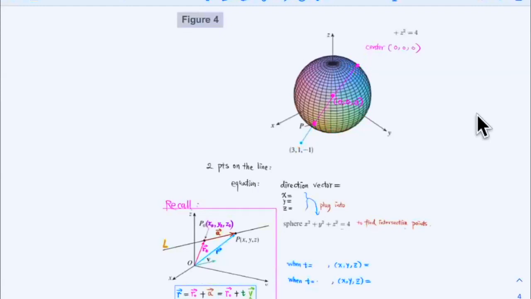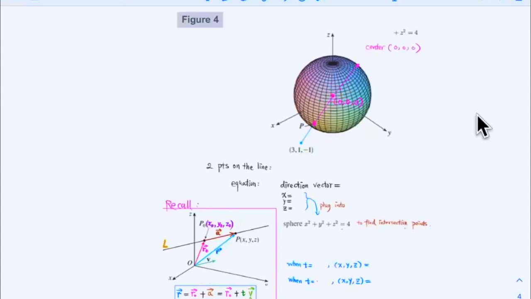If it's closest to this point, then it has to be perpendicular to the surface of the sphere, and it has to go through the center of the sphere. Okay. What's the center of the sphere? The center of the sphere is the origin, right? So then we'll have a line over here that goes through this point and the center of the sphere.